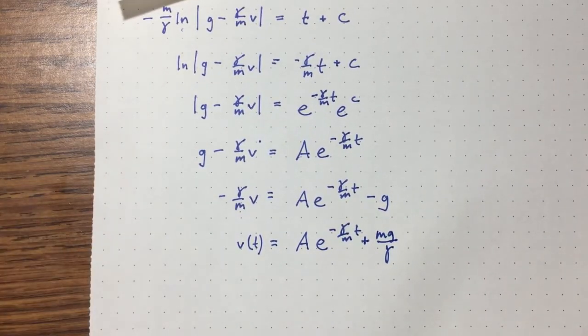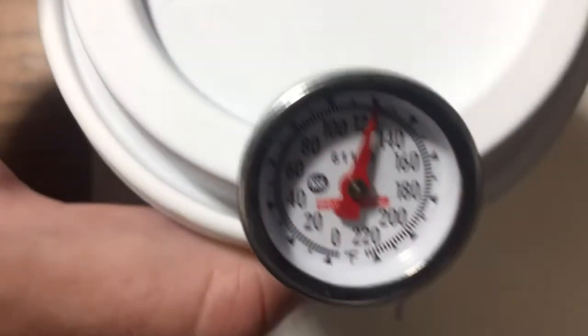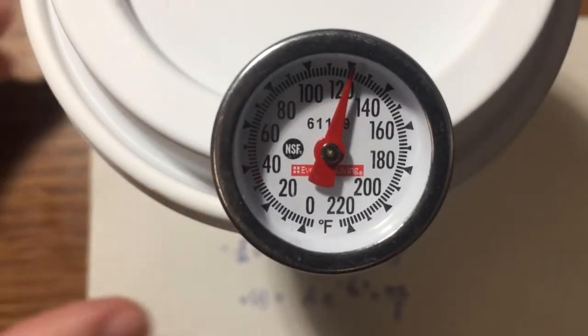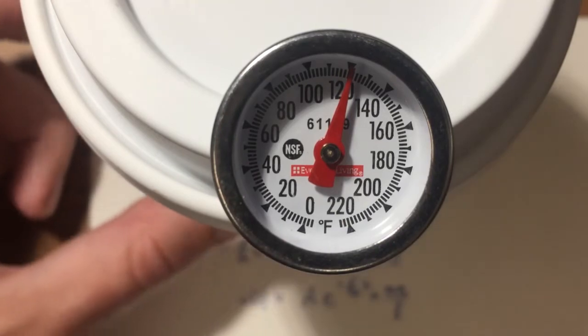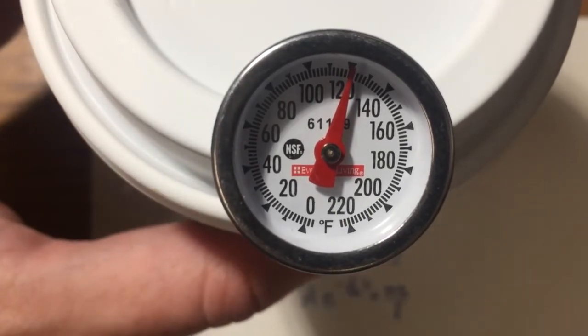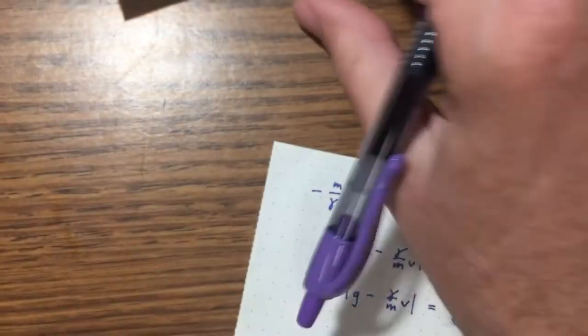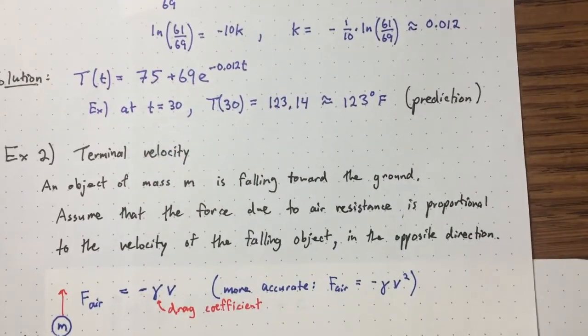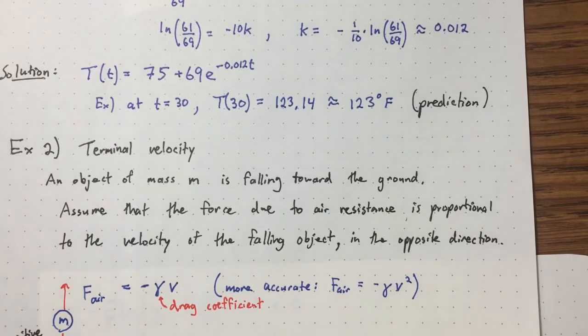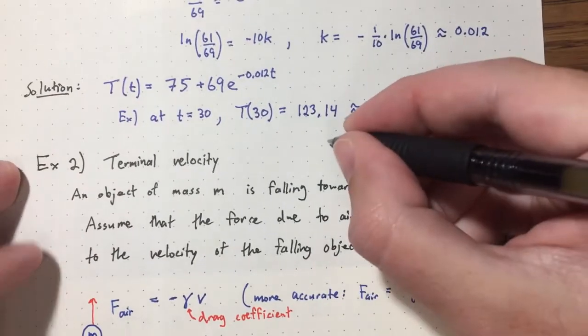Okay, and I'm just realizing it's time to actually check the temperature. So 30 minutes have passed. So let's see what the temperature is here. It looks to be about 121 degrees. So what was our prediction? Our prediction was 123 degrees. So we're a little bit off, but it's pretty close.